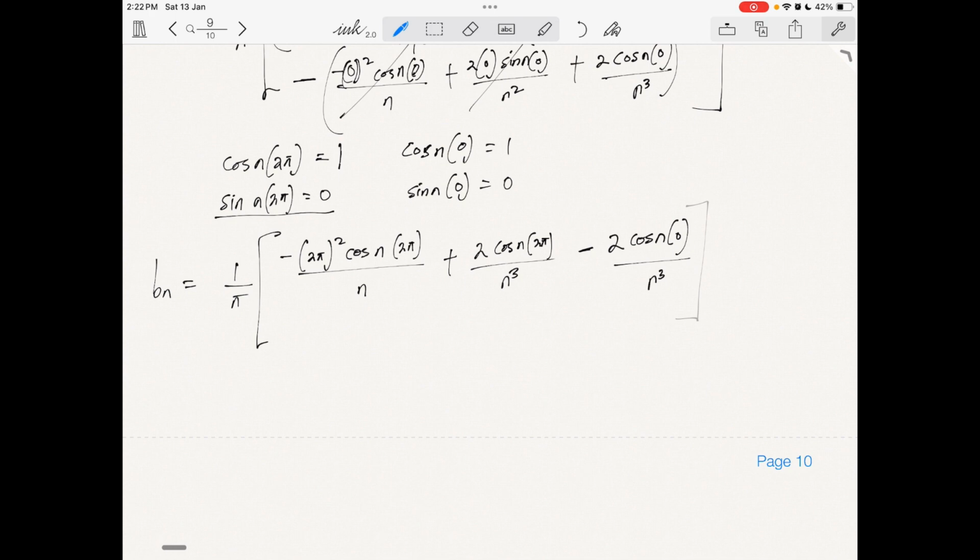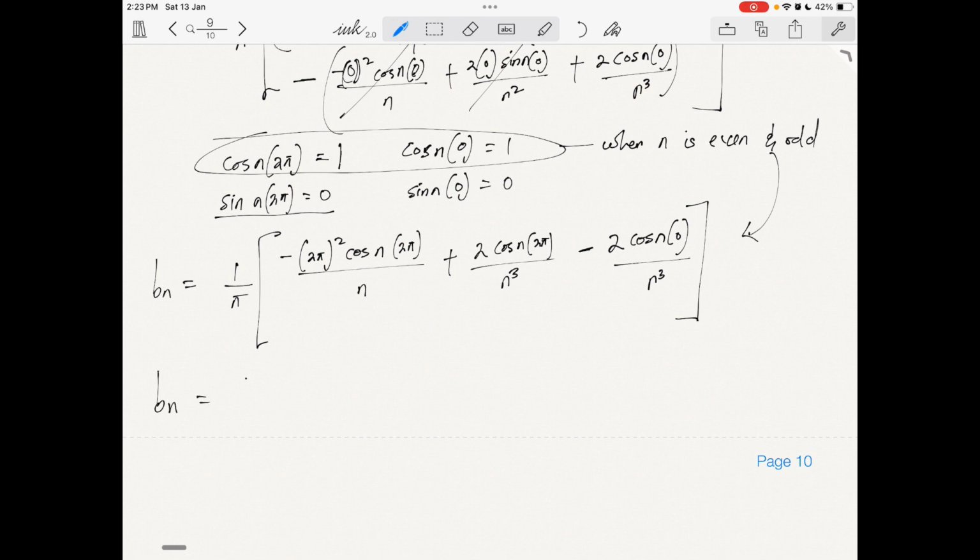Now, since we have considered this to be true when n is even and odd, we can apply them to this.